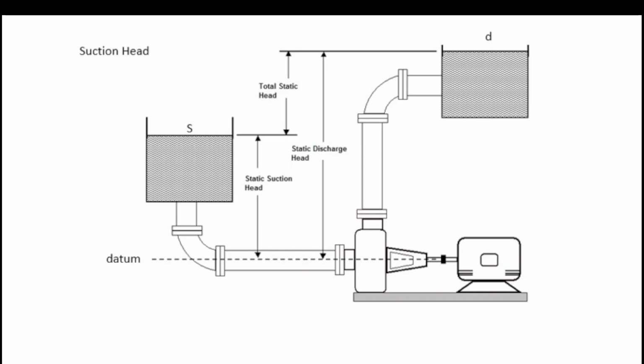So, this diagram introduces the three important heads in a pumping system: static suction head, static discharge head, and total static head. Now that we understand the layout of the pumping system and these head definitions, let's see how these heads, along with friction losses in the pipeline, combine to form the system curve.